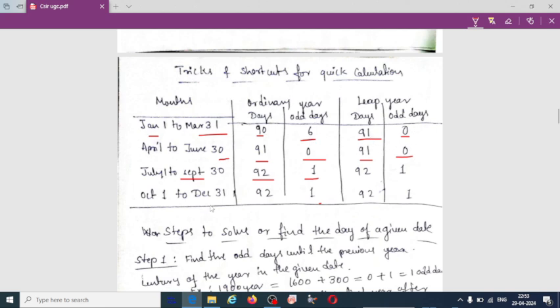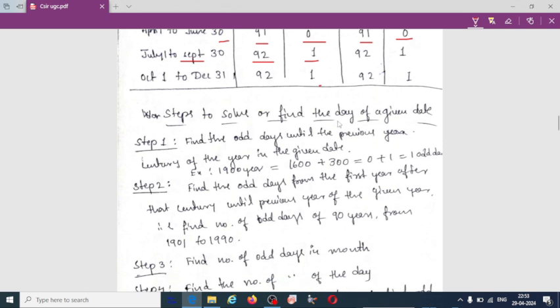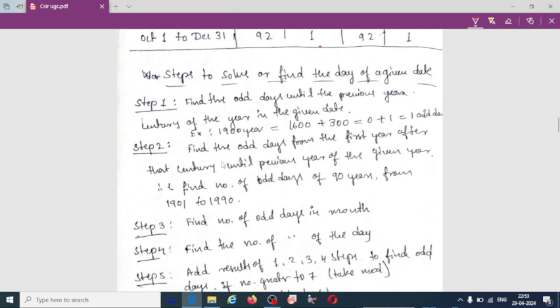So what are the steps to find the day of a given date? The first step is to find the odd days until the previous century of the year in the given date. Let us take the year 1900.